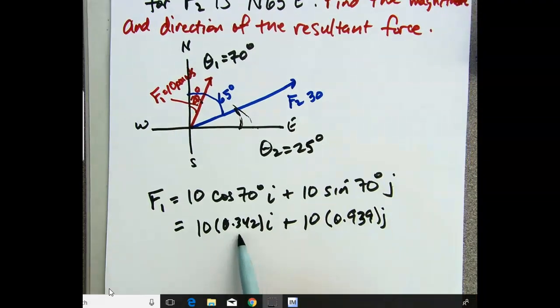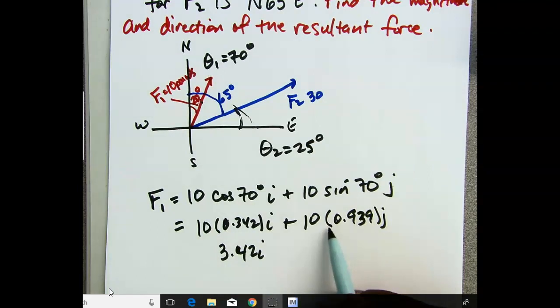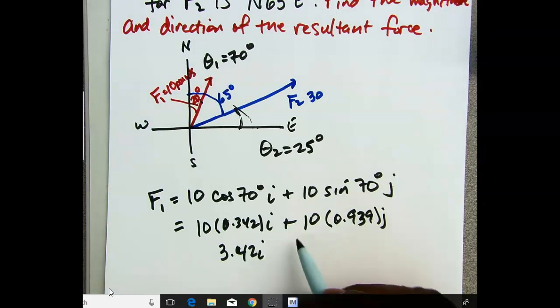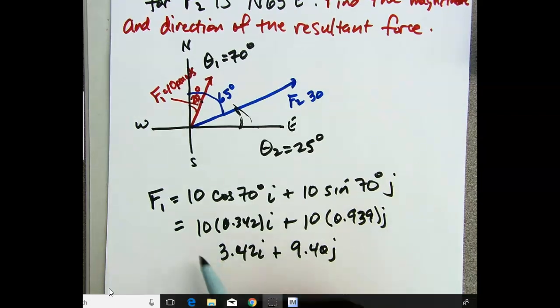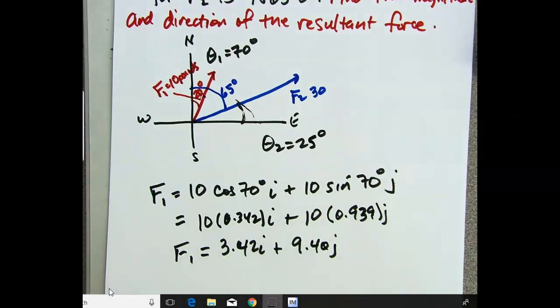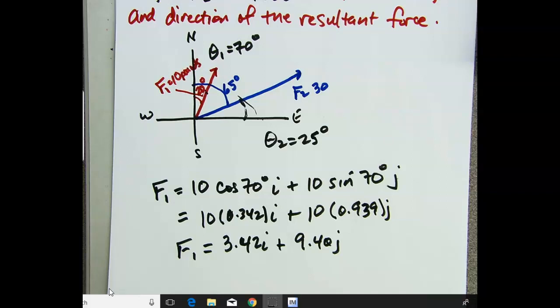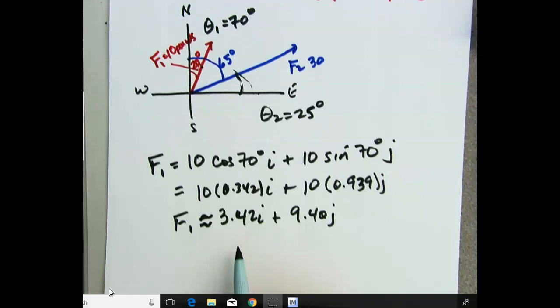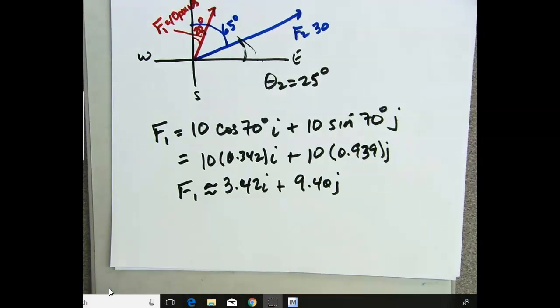So 10 times 0.342 is going to be 3.42i, and then 10 times 0.939, rounded, so plus 9.4j. So as far as magnitude and direction, force 1 is approximately equal to 3.42i plus 9.4j. So your horizontal is 3.42, our vertical is 9.4.